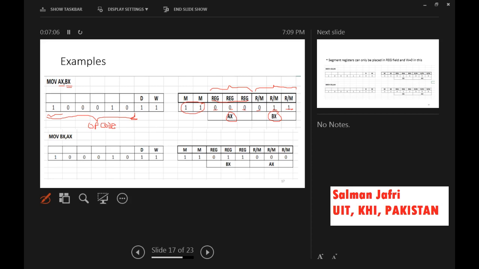Since we are dealing with 16-bit registers AX and BX, W is 1. So W equals 1 suggests 16-bit registers are being used. Now, data is flowing out from R/M, isn't it? Data is flowing from BX to AX.